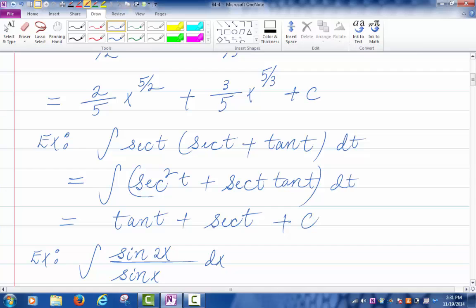The next integral is integral of sine 2x over sine x. How would you compute that integral? How would you compute the integral of sine 2x divided by sine x? Well, you are evaluating the sine function at the angle 2x. 2 is not a factor of the function; it is a factor in the angle, right?